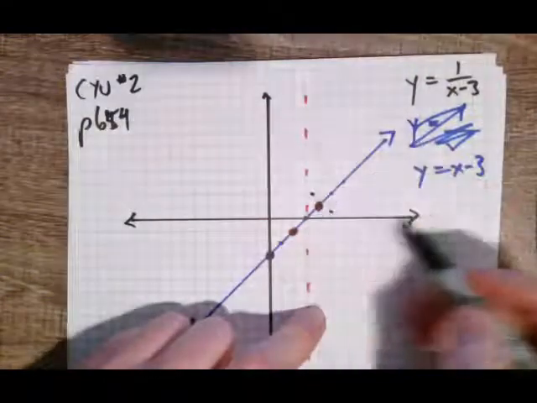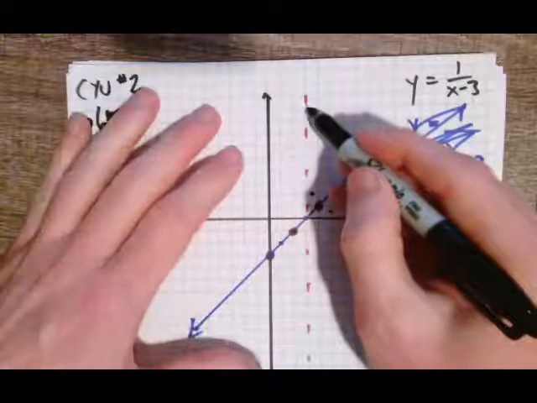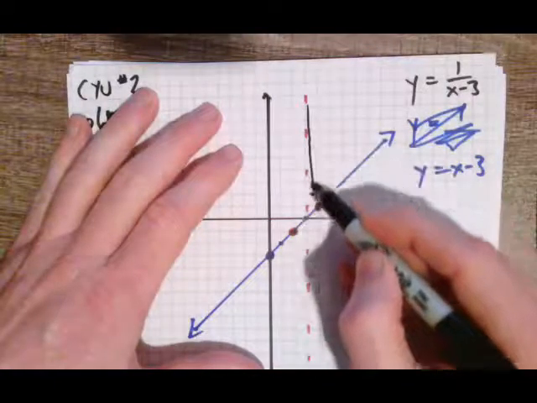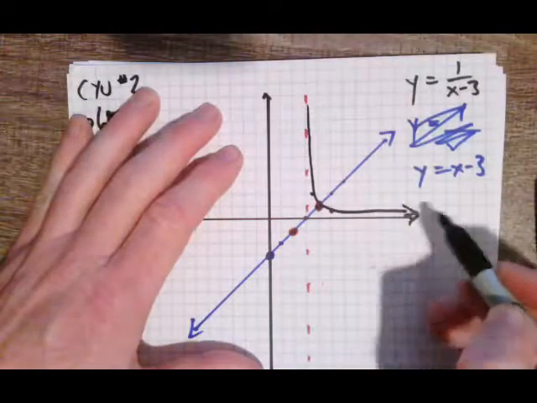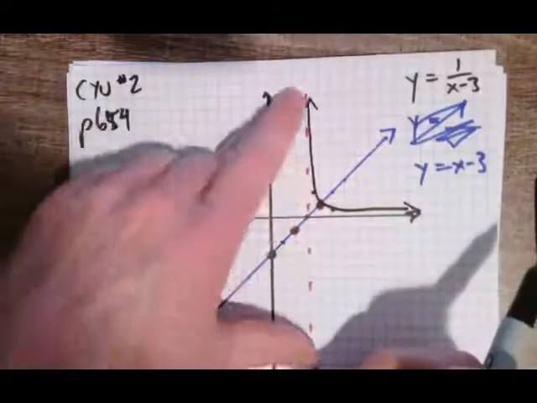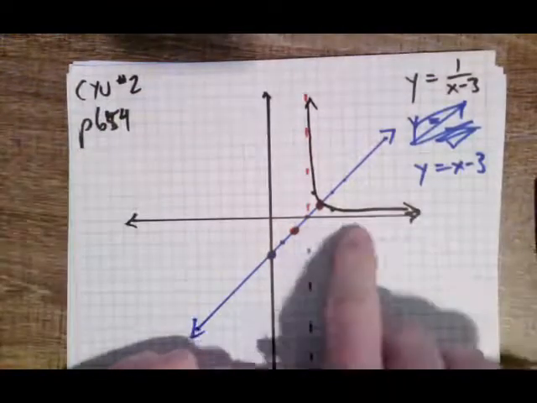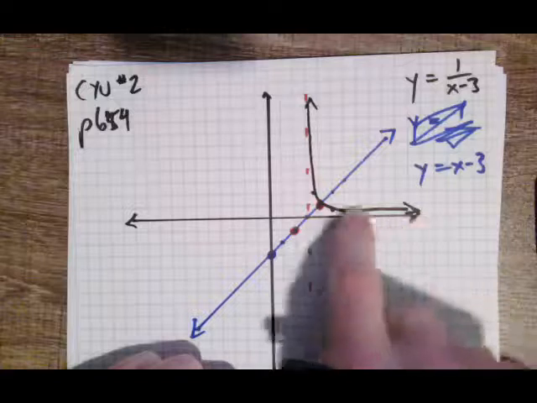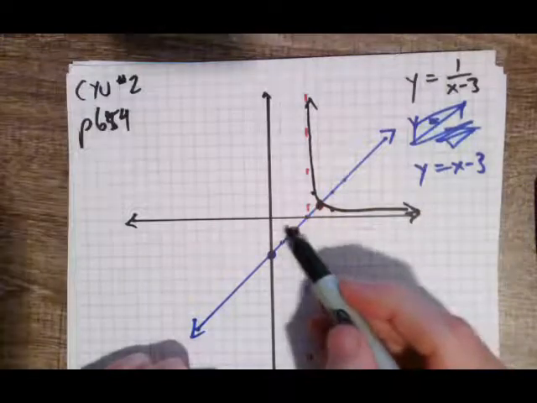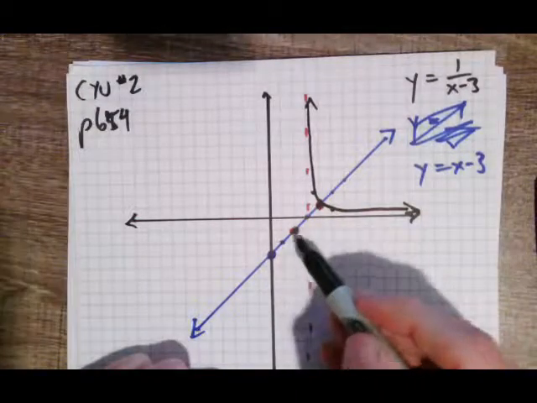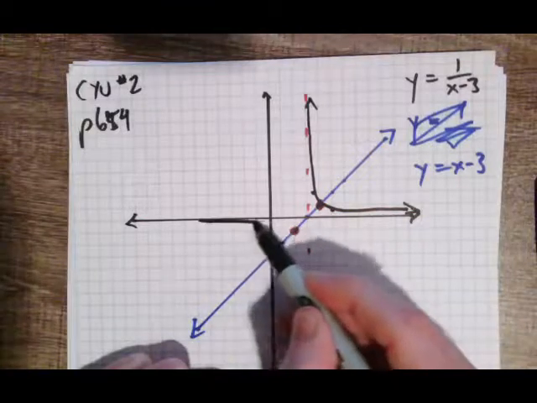So basically, smooth curve, black marker, kind of like that. Notice this one approaches the asymptote. This one should be approaching here, but it's not the best. Same idea here. If you want to plot a couple points just for your own peace of mind, do it.